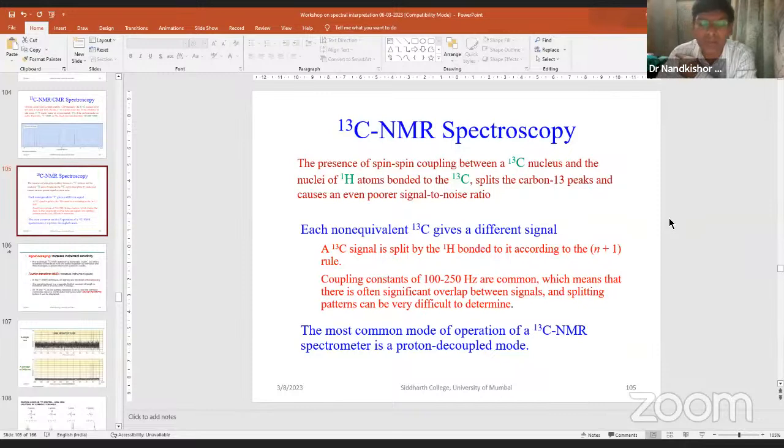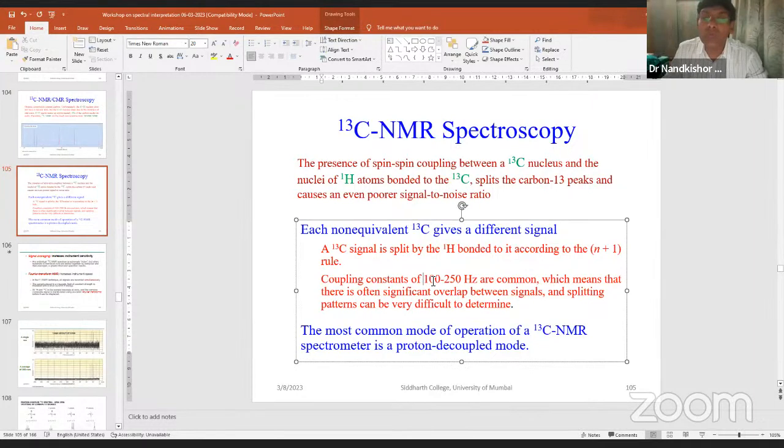In proton magnetic resonance, the coupling constant varies up to a maximum of 20 hertz, which is very high. For cis geometry it is 5 to 10 at most, trans is 11 to 18, and a maximum of 20 in aromatic or cyclic structures. But in C13 NMR, the coupling constant varies from 100 to 250 hertz.